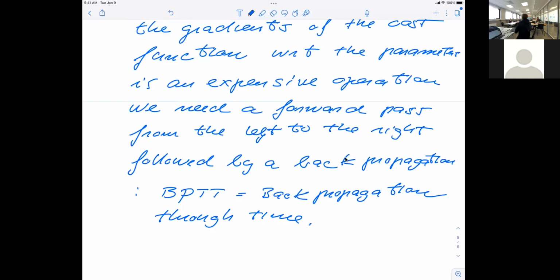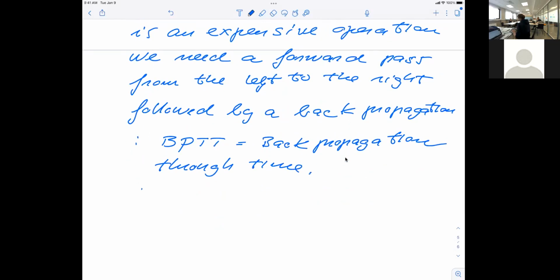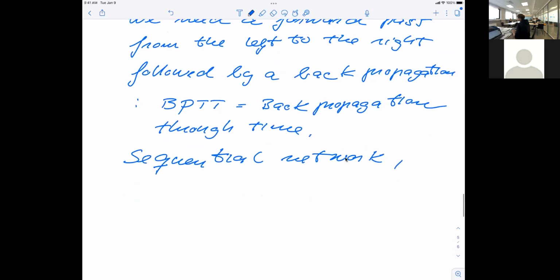But now the input to the next time step is given by the information which you have for the previous one. So this is a very sequential setup, and that means that it's often difficult to parallelize.